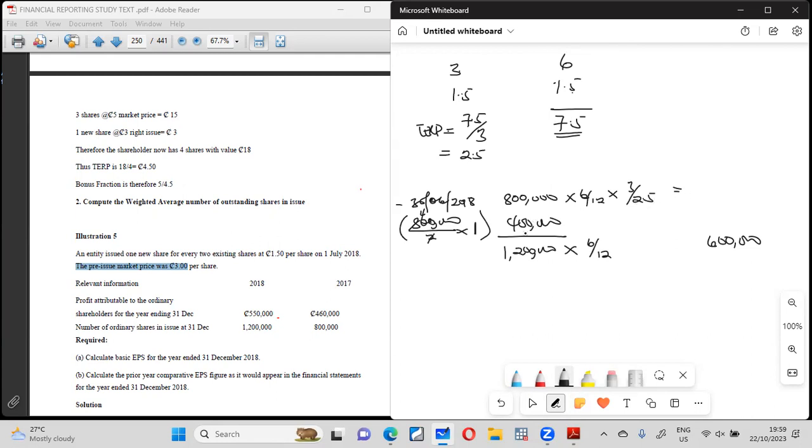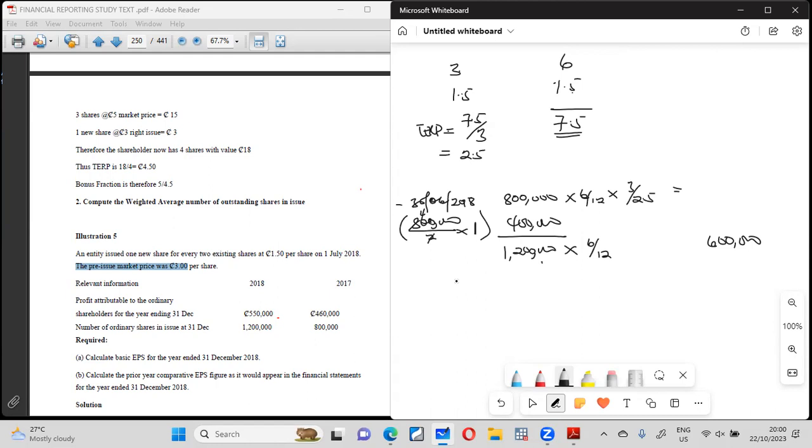And on this side, you do well know that we don't apply the bonus or the rights fraction to this one, because we've said that they are applied to the number of shares before the rights issue and not to the shares at the rights issue date. We've established that already. You multiply the fraction by the number of shares before the rights issue.